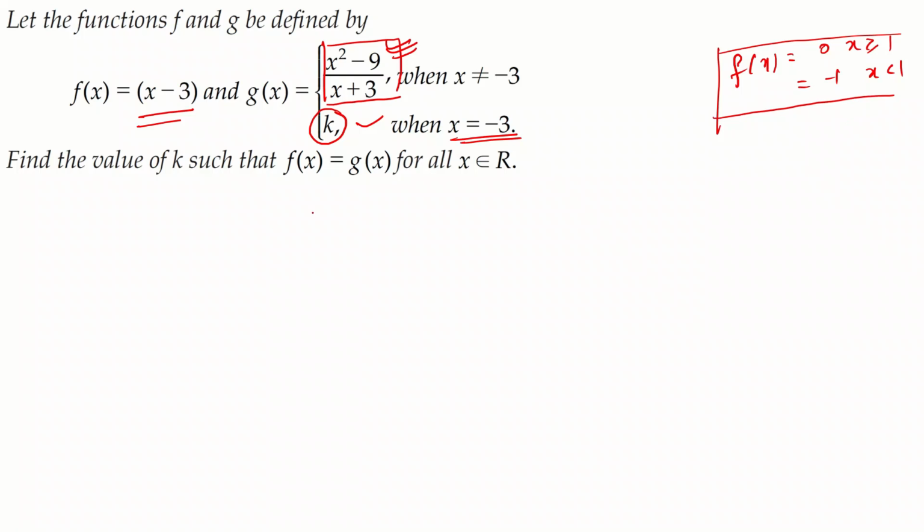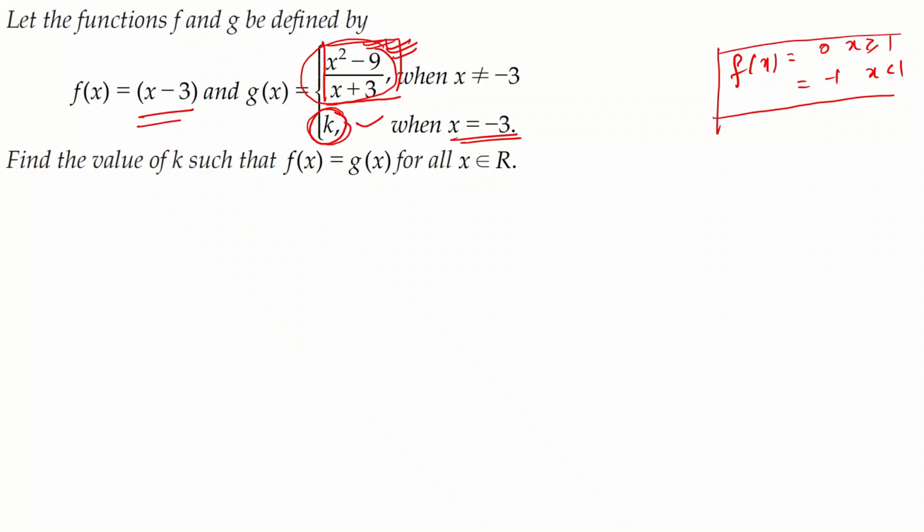So what I want to say here is that they have given this g(x) a nature that if x is not equal to minus 3, then g(x) will be given by this expression. And when x is equal to minus 3, then it is taking some value k, because g(x) cannot have this expression as it is undefined at x equal to minus 3.